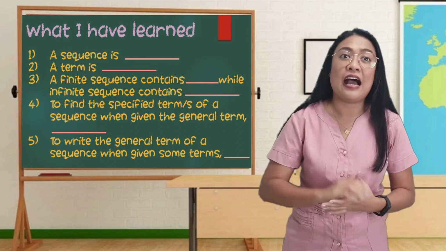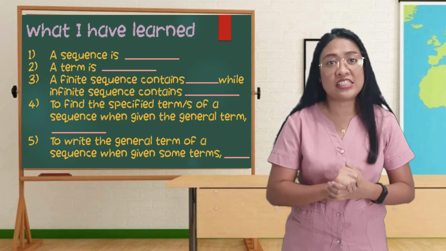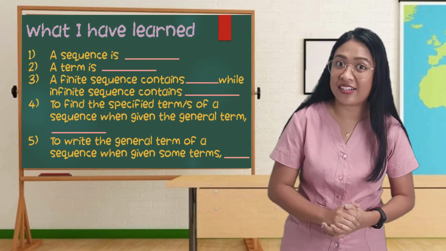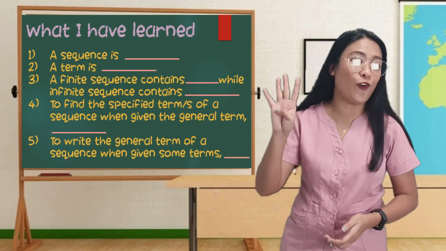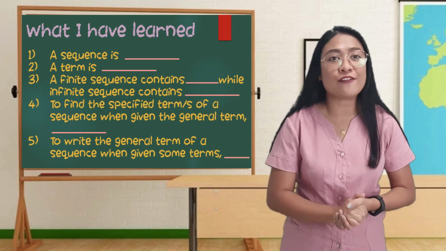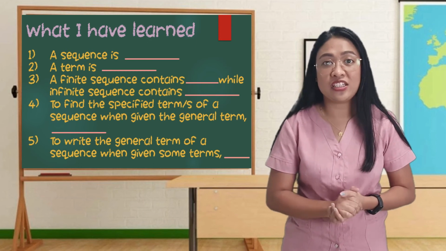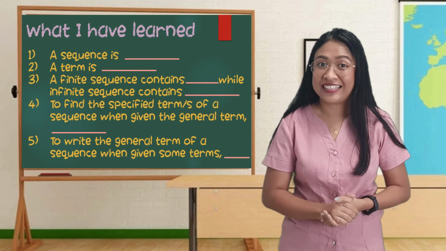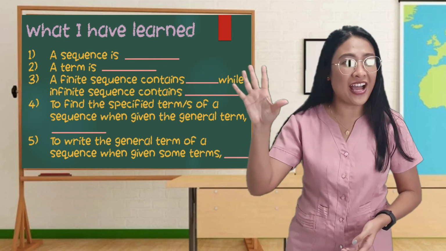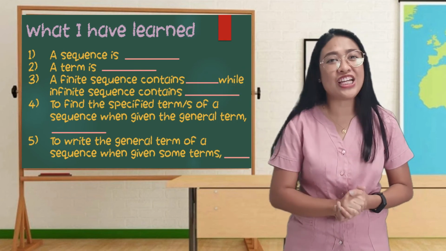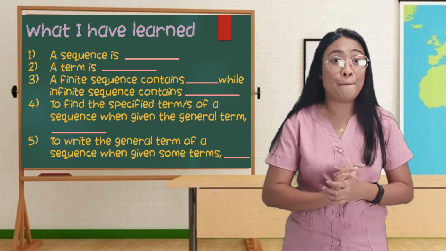Number 3, a finite sequence contains blank, while infinite sequence contains blank. For number 4, to find the specified terms of a sequence when given the general term, blank. Lastly, for number 5, to write the general term of a sequence when given some terms, blank.